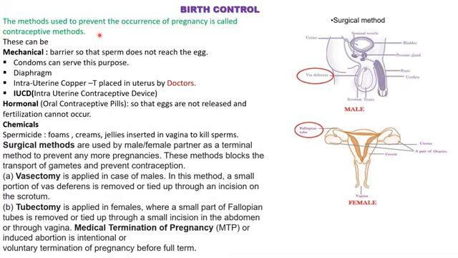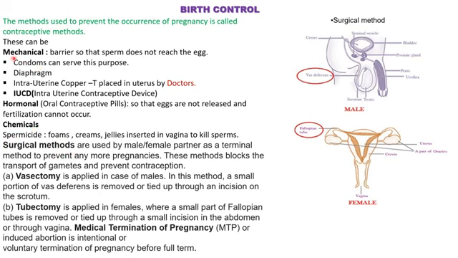So we use different methods, and these methods are called contraceptive methods. Let's see the different methods. We have divided these methods into different parts. One is the mechanical method, a mechanical barrier. Then hormonal, then chemical, and then surgical methods.